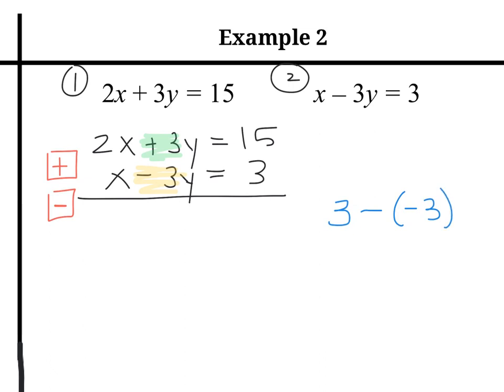So again, like what I always say to you, be careful with your signs and how you read the numbers. This is a negative 3. So if we do 3 minus negative 3, that actually equals 6. It doesn't equal 0 like we want it to. So it's not going to get eliminated out of the linear system if we try using subtraction.